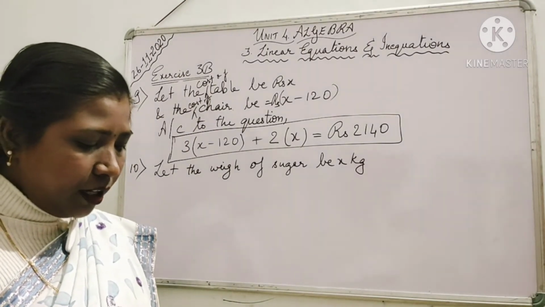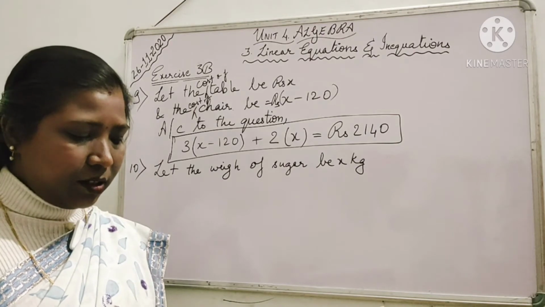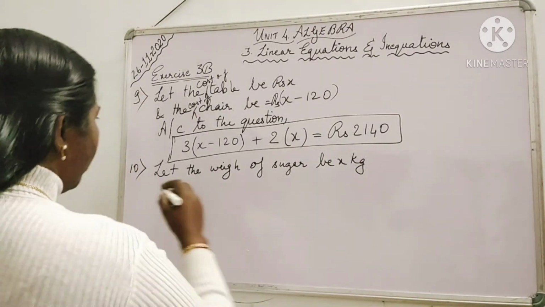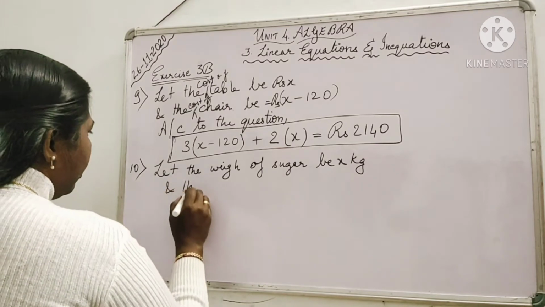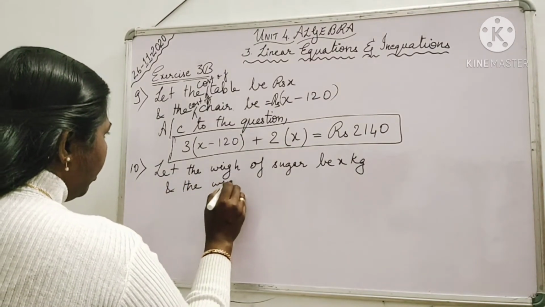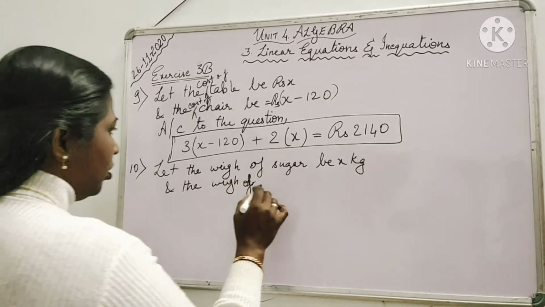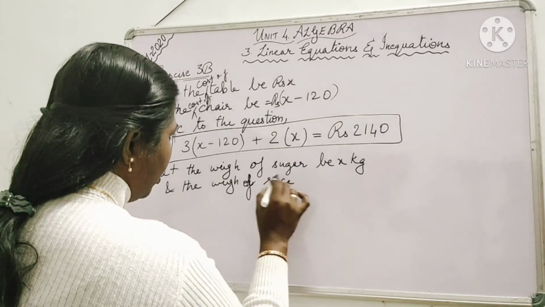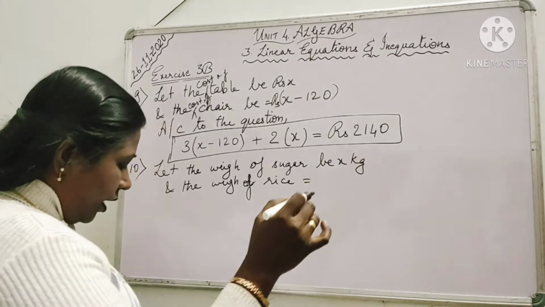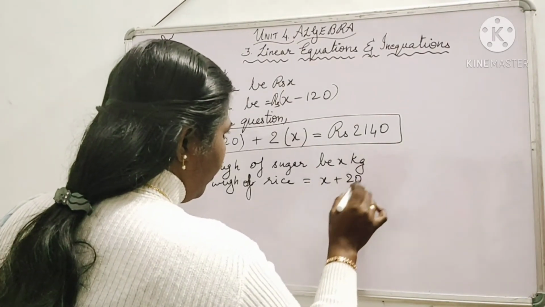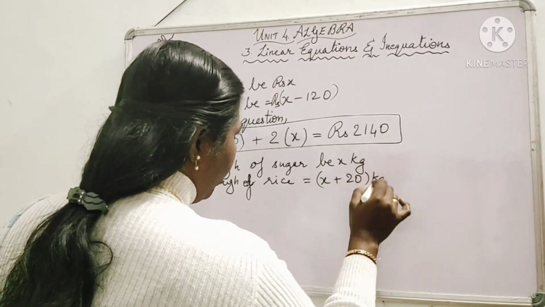Now what is it telling? A bag of rice weighs 20 kilos more than sugar. So I am going to write, the weight of rice is equal to x plus 20 kilograms.